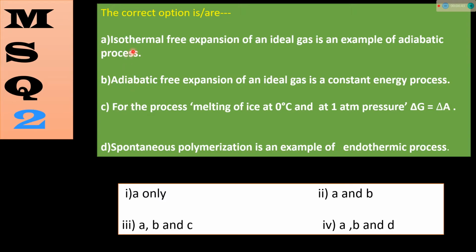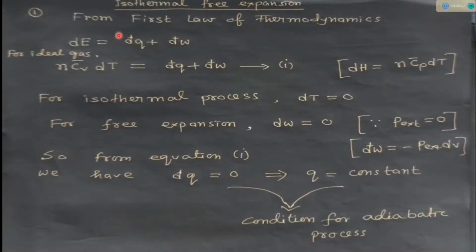First, isothermal free expansion of an ideal gas is an example of adiabatic process. Let's discuss the first statement. We all know the first law of thermodynamics: dE, or you can write dU, E and U being the same, that is internal energy, so dE means change in internal energy, equals đQ plus đW.